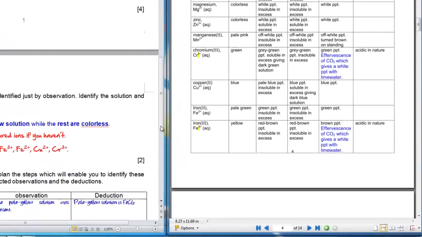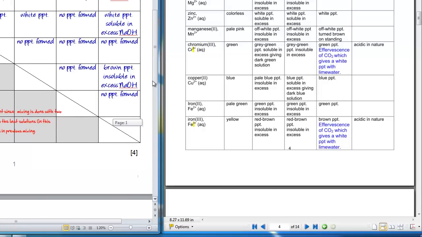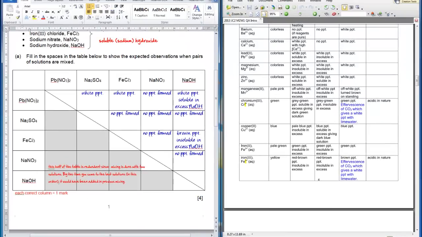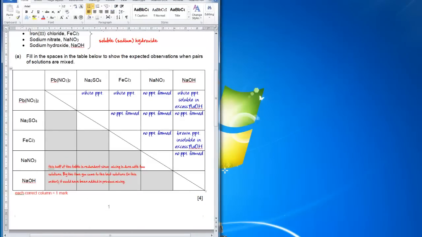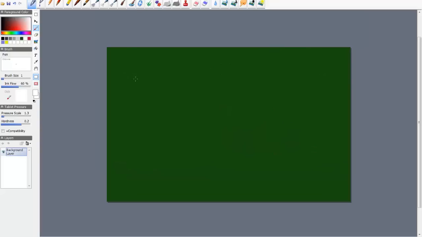Now since we have identified color already, I'm going to tell you how we can use this fact to identify all the unknowns in our set of solutions. So this is what is happening now. I have 5 solutions that are unlabeled. This one is positively identified as FeCl3 aq because of the color.